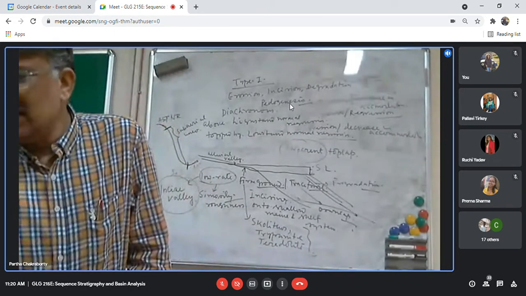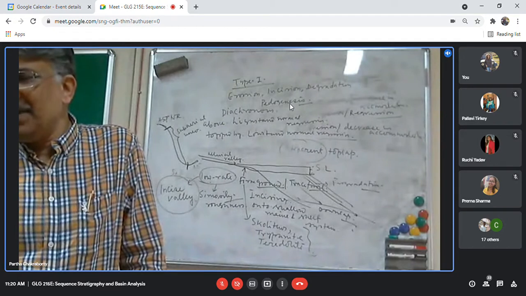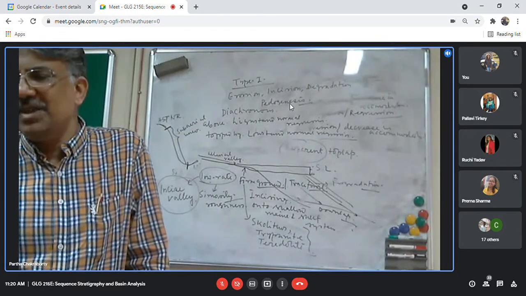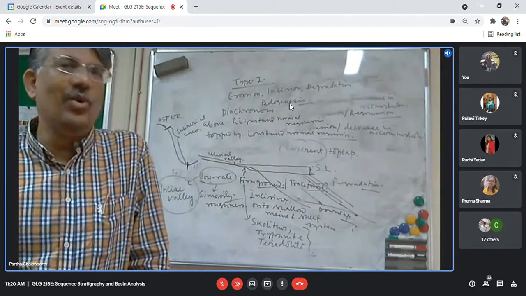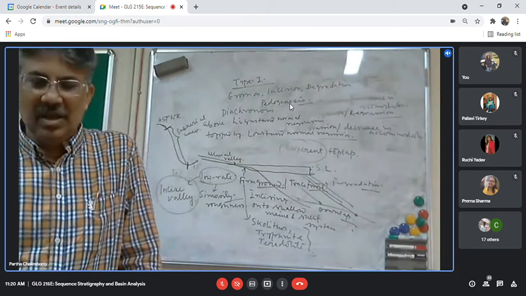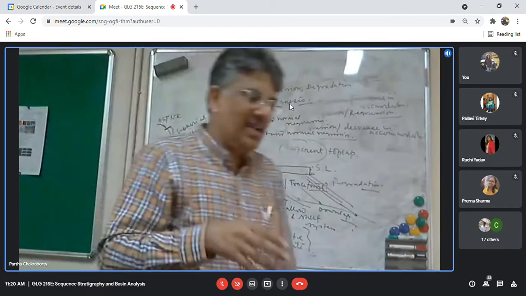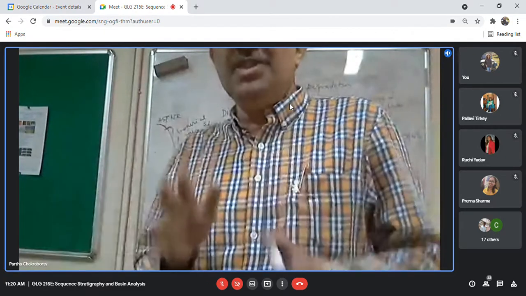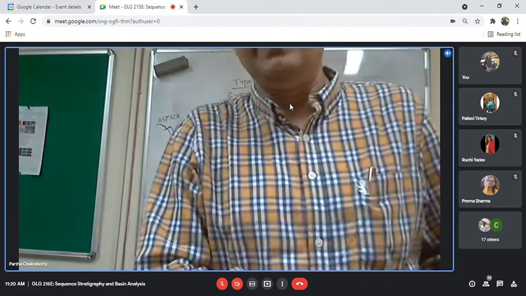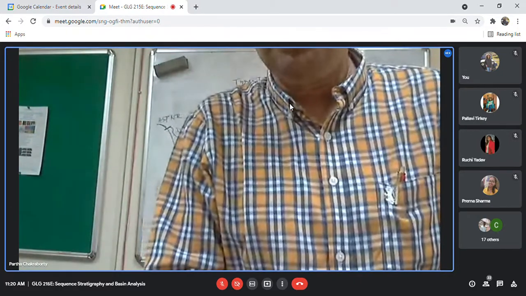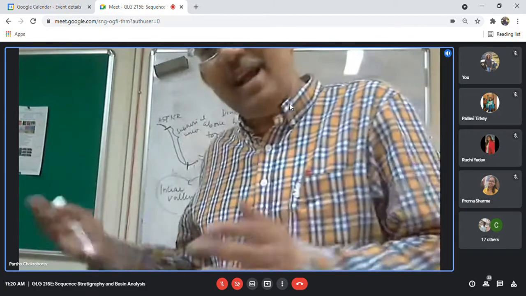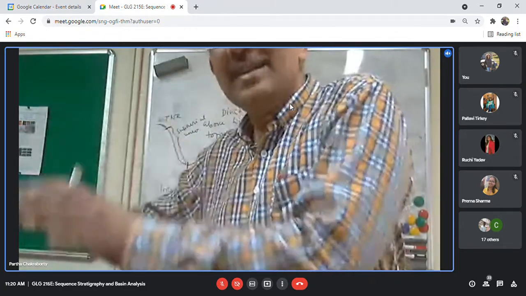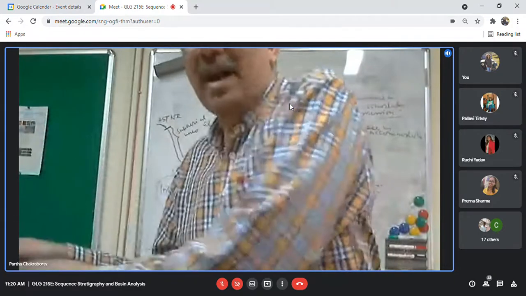I think the next topic, if I start today, because once the subaerial unconformity is done, then one by one I will be discussing the BSFR and RSME, which are also related to the subaerial unconformity, but that is happening in the marine part.